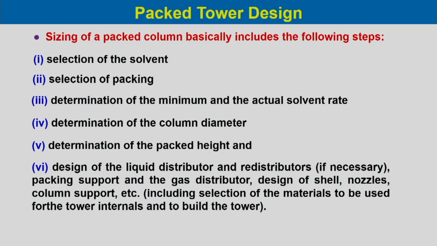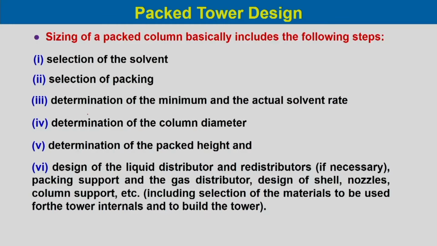Among these, the selection of the solvent we have already discussed in our last lecture. Then selection of packing material: different types of packing material we have already discussed, but the detailed design of the packing material you will learn in your design course. It is mostly to enhance the interfacial area and reduce the pressure drop inside the column.